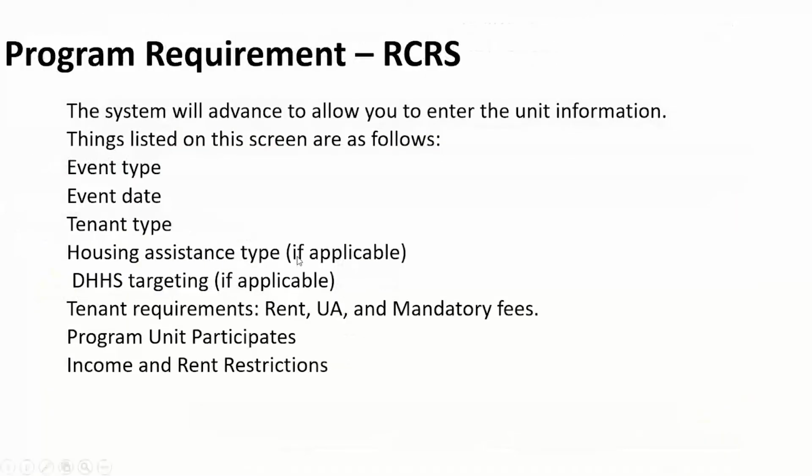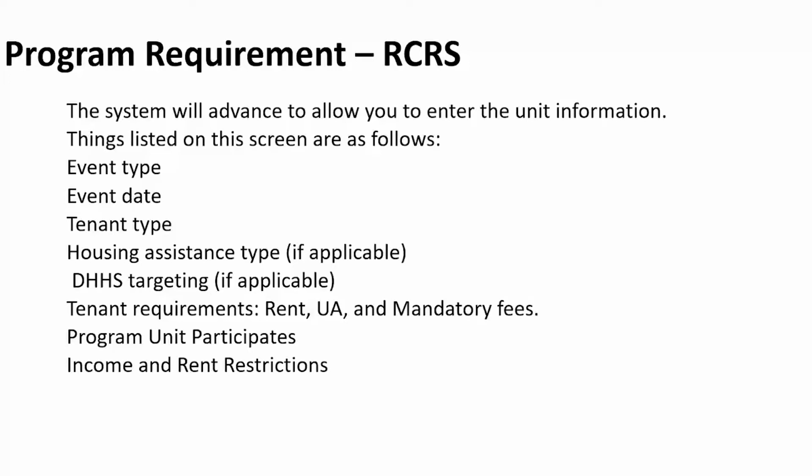As I stated earlier, you want to make sure that you have your tenant file in front of you. Reason being, you're going to have some information that you now need to provide to the RCRS system by way of the event type for this particular household, the event date, the tenant type, your housing assistance type, if it's applicable, whether this household is participating in the DHHS targeting program, the tenant requirements, such as your rent, your utility allowance, and your mandatory fees.